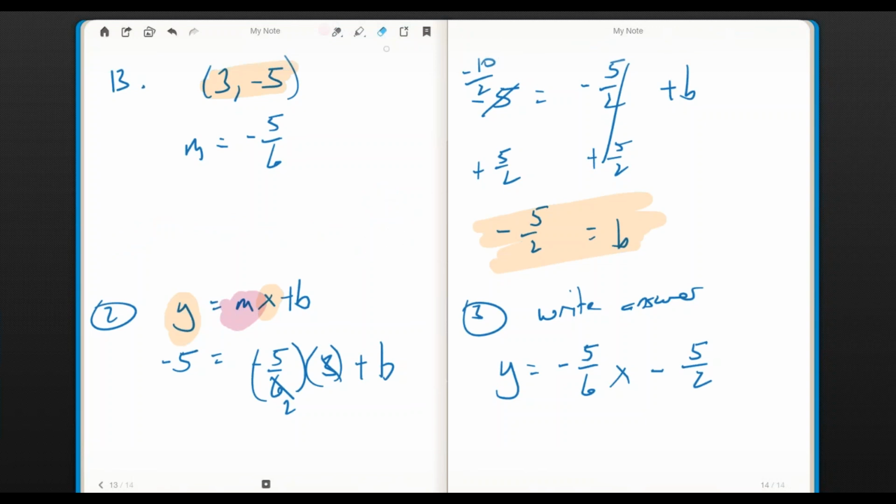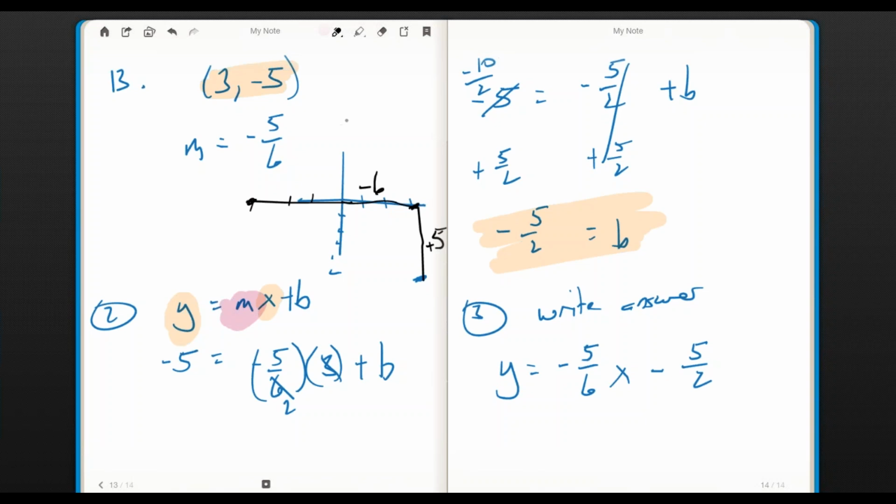is simply to take the point (3, -5). If the slope is negative 5 over 6, that means if I rise 5, which puts me right there, and I run 6, and notice I went a positive 5 and a negative 6.